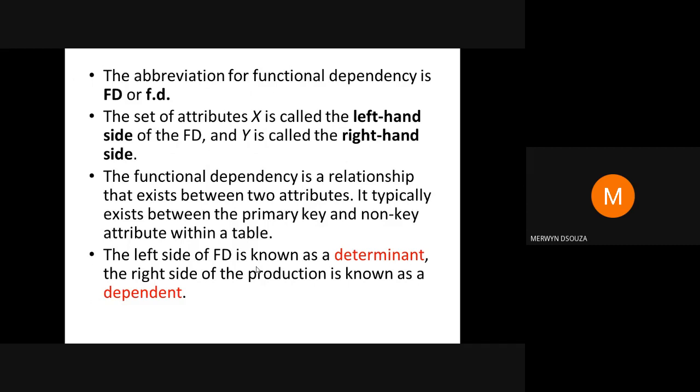A functional dependency is a relationship that exists between two attributes. Typically it exists between the primary key and a non-key attribute within a table. The left side of the functional dependency is also known as a determinant. The right side of the functional dependency is also known as a dependent. So determinant and dependent.